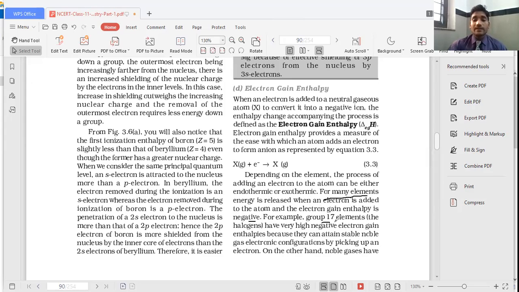For example, group 17 elements, all of them will have negative electron gain enthalpy. They have very high negative electron gain enthalpies because they can attain stable noble gas electronic configuration by picking up an electron. On the other hand, noble gases, if you give an electron to a noble gas it will not want to receive it, it is already stable, so positive values will come for it. All right.